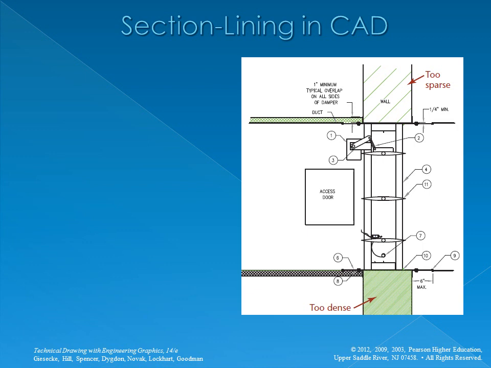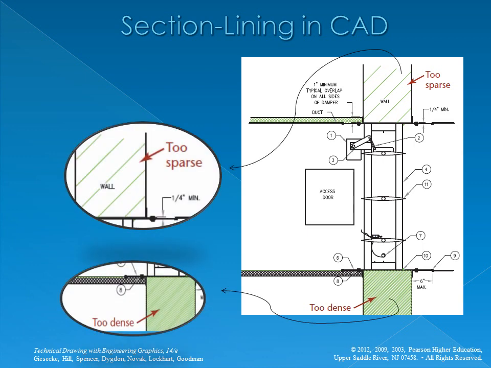CAD programs usually include libraries that allow you to select from a variety of section lining patterns, making it easy to use different patterns, angles, and scales for the spacing of the pattern. Be careful to follow any standards that may apply in inserting these section lining patterns.